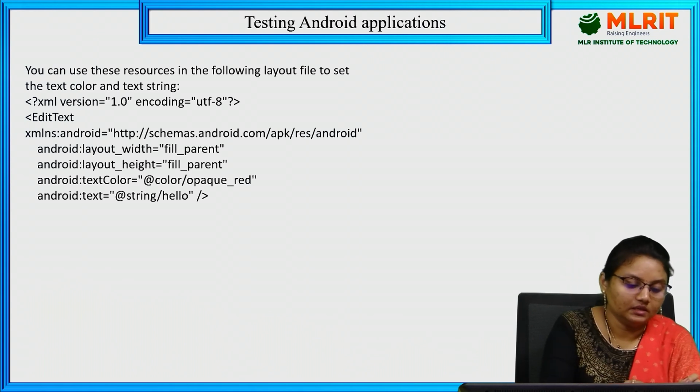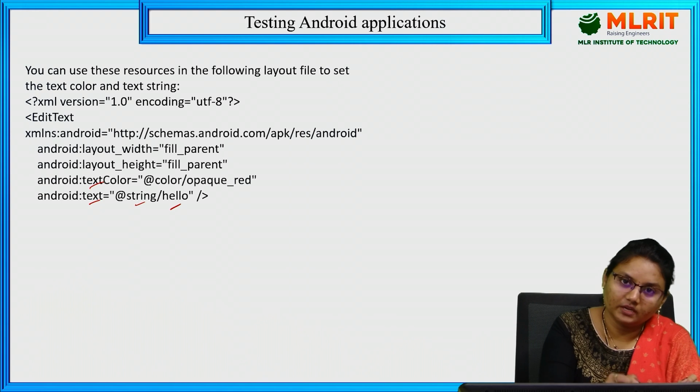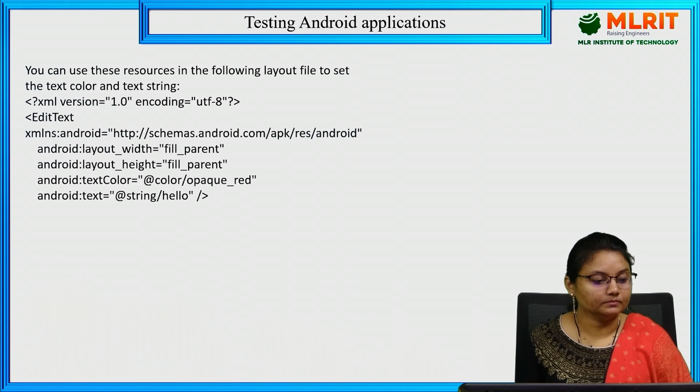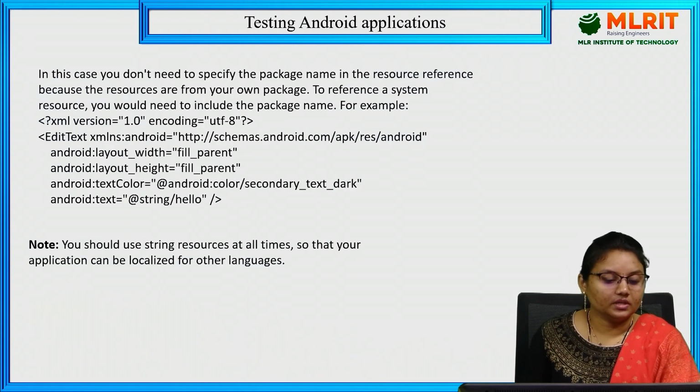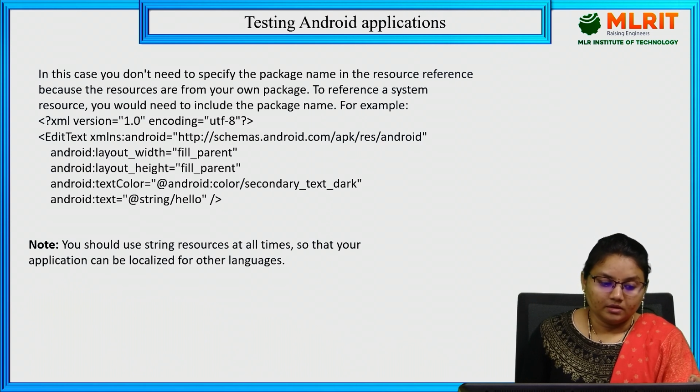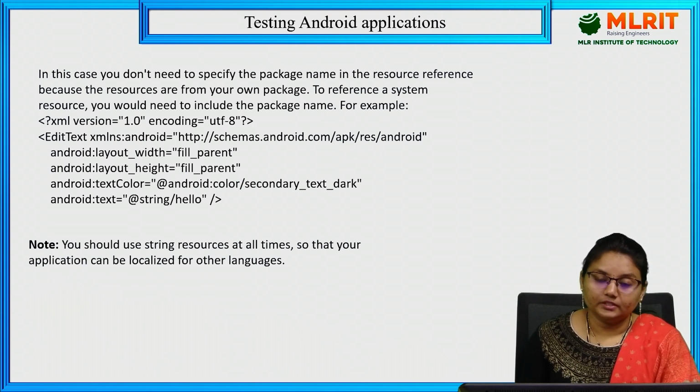So text type and name we are giving, text color, one more attribute for color, and its type and value we are giving. So in this way you can use the activity_main.xml with several components and several attributes.